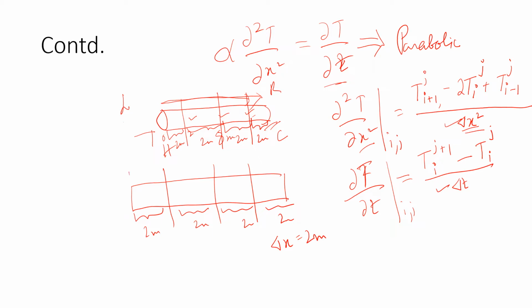And if I begin this positional coordinate x, assuming x to be 0 at this point where I have applied the heat, then at this point x will be equal to 8. And at these points it will be 2 meter, 4 meter, 6 meter.